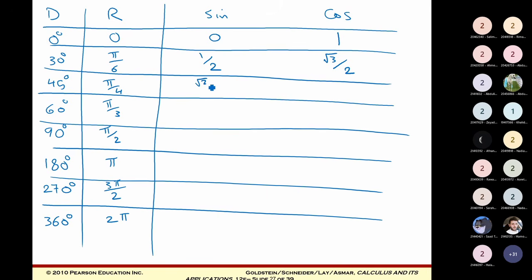For 45, this is radical 2 over 2, radical 2 over 2, cosine and sine. For 60, the cosine equals 1 over 2 and the sine is radical 3 over 2. Then 90 gives 1, 0, 0, minus 1, minus 1, 0, and 0, 1. Okay, this is the value of sine and cosine for degree and radian.